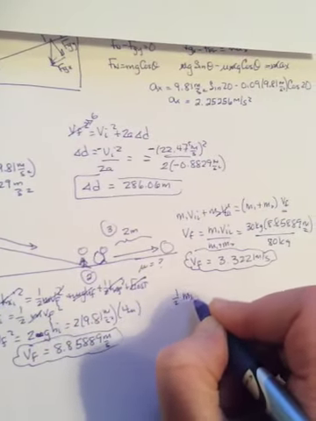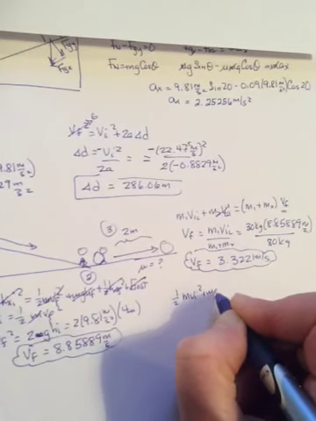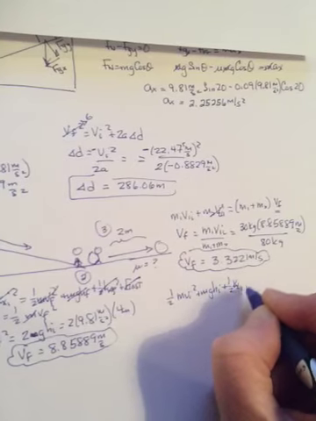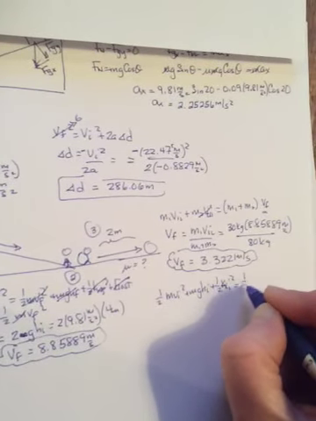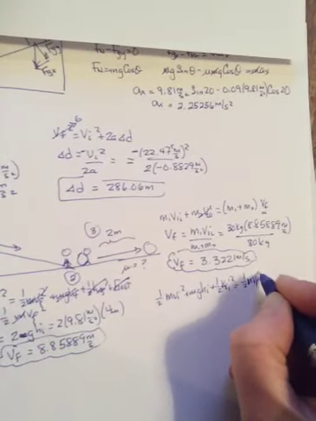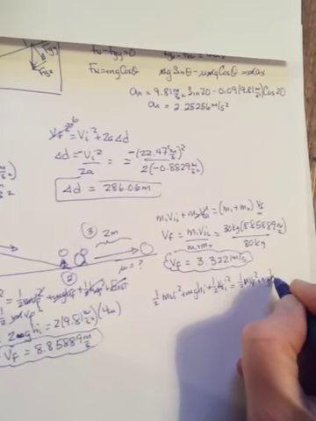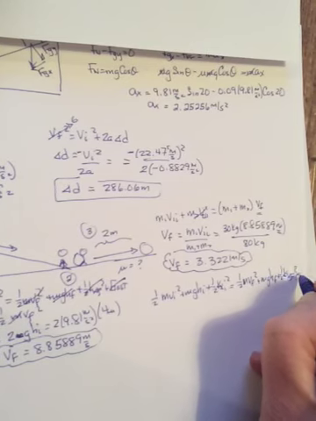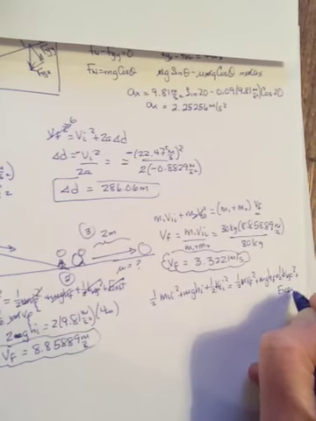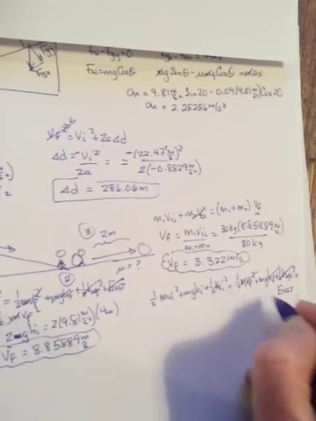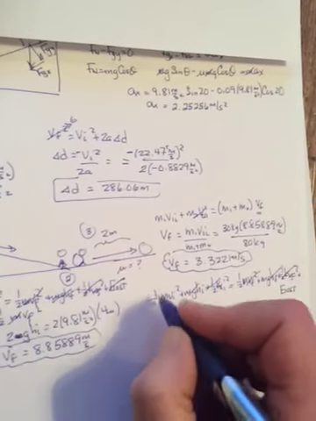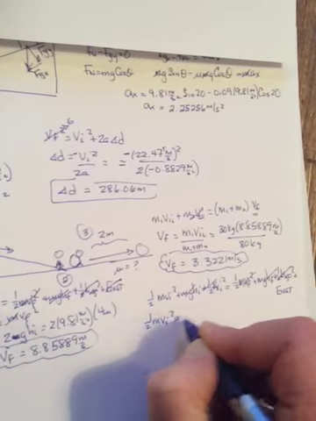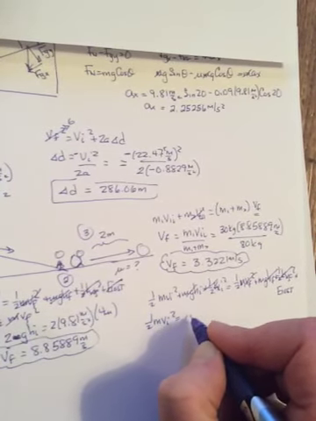So 1/2 mv initial squared, mg h initial, 1/2 kx initial squared equals 1/2 mv final squared, mg h final, 1/2 kx final squared plus E lost. And this time, the only thing on the final side is the E lost, and on the initial side, kinetic. So 1/2 mv initial squared equals work done by friction.